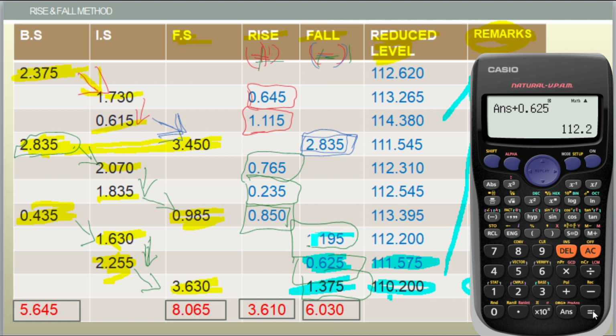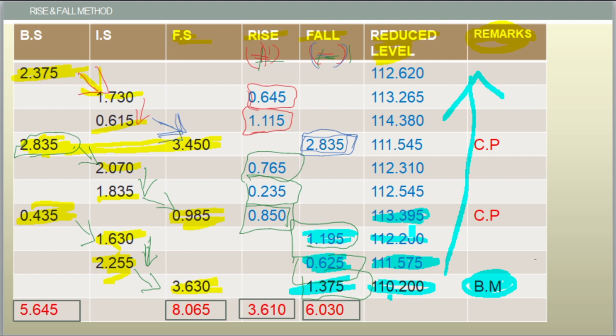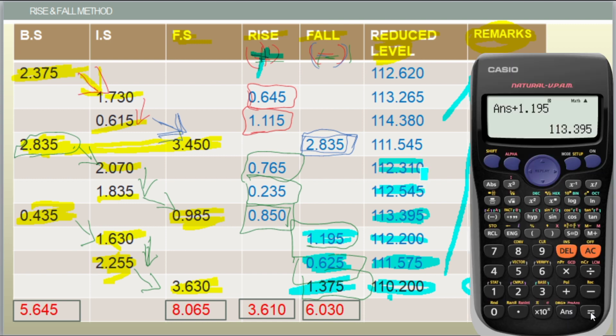Again we add that value of the fall, and we get 113.395.